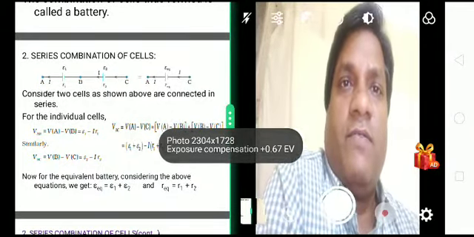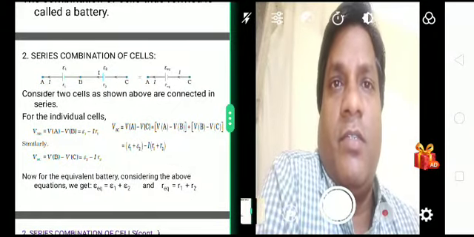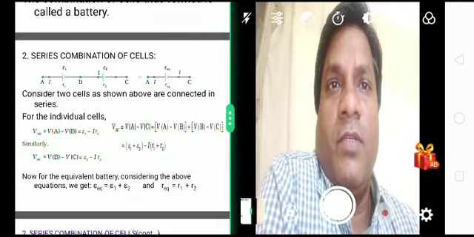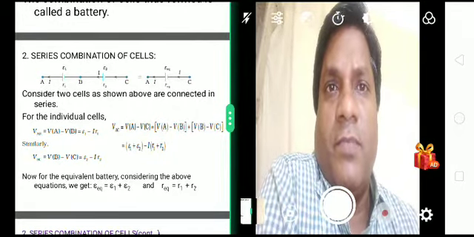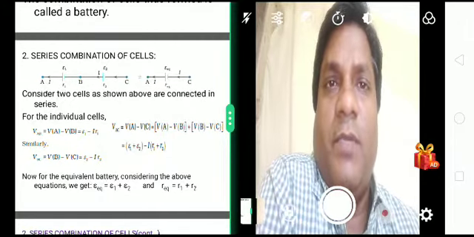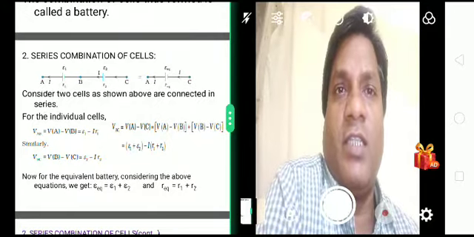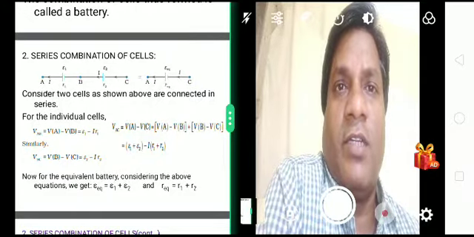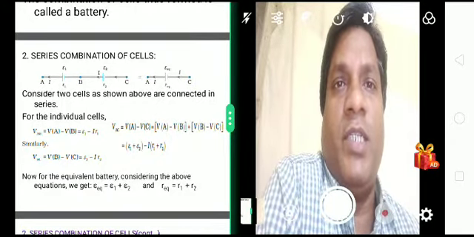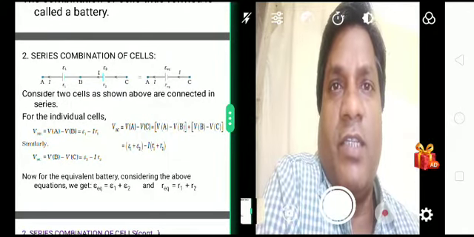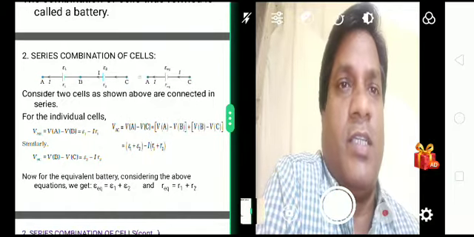So let us first discuss about the series combination of cells. See the diagram here. Two cells of EMF E1 and E2 having internal resistance R1 and R2 are connected in series between the points A and C. Between AB there is first cell and between BC there is second cell.